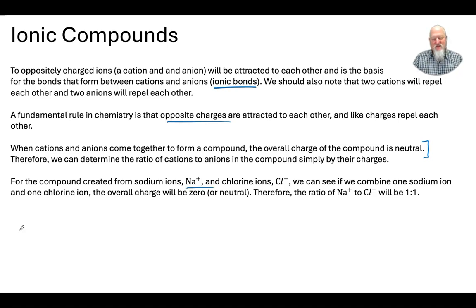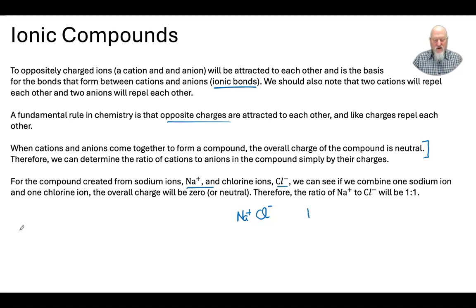So the last example here, I've got sodium ions that have a single positive charge, and chlorine ions that have a single negative charge. When I put them together, I get Na+ and Cl-, and you can see that the charges would cancel each other out if the two were together.